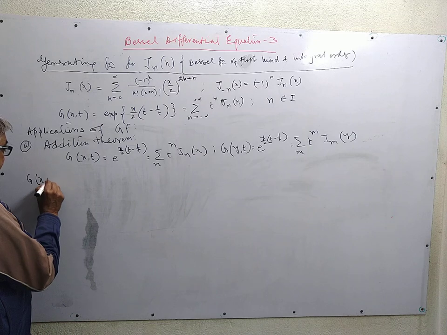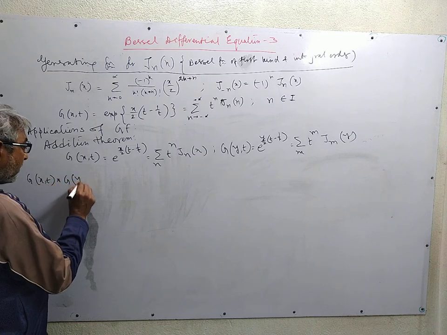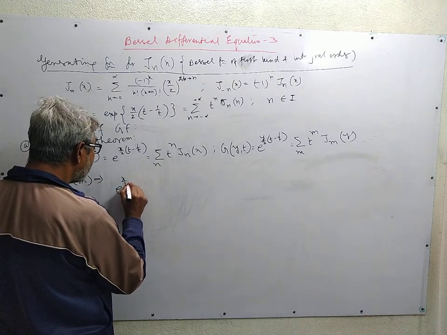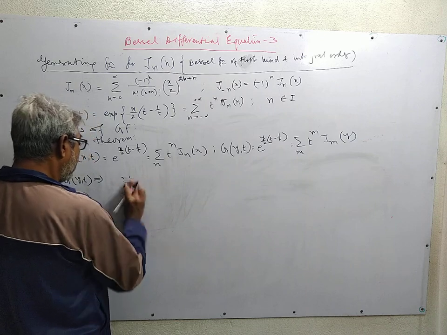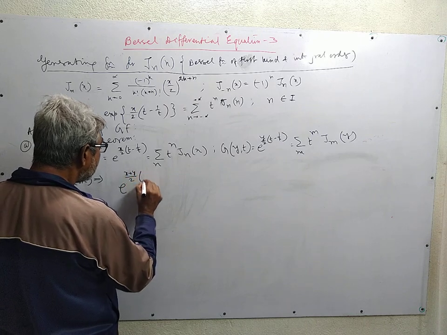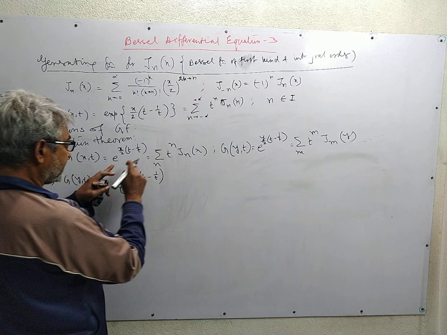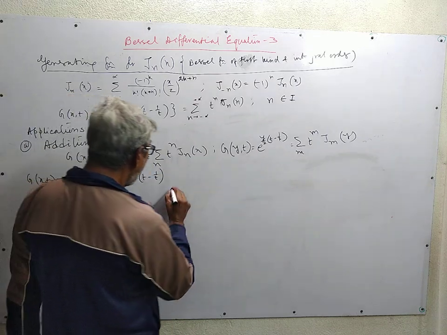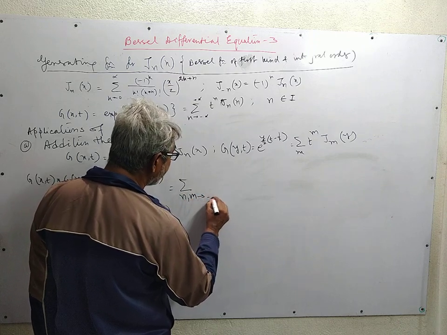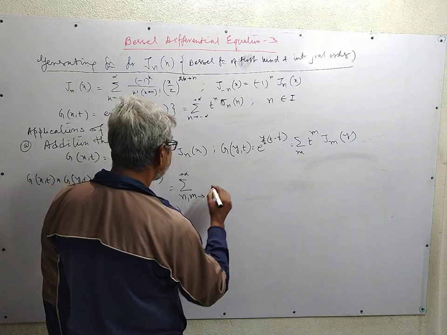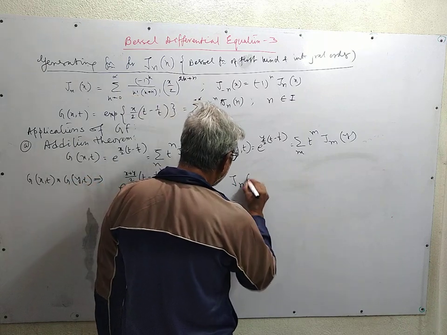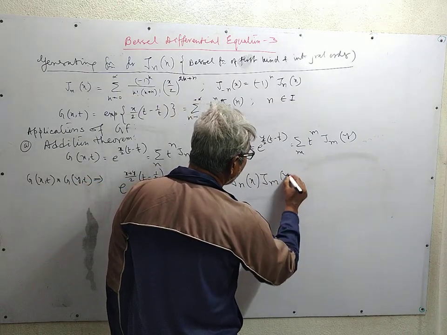So g(x,t) multiplied by g(y,t) gives e^{((x+y)/2)(t - 1/t)} on the left-hand side, and on the right-hand side we get the sum over n and m, both ranging from minus infinity to plus infinity, of t^{n+m} J_n(x) J_m(y).